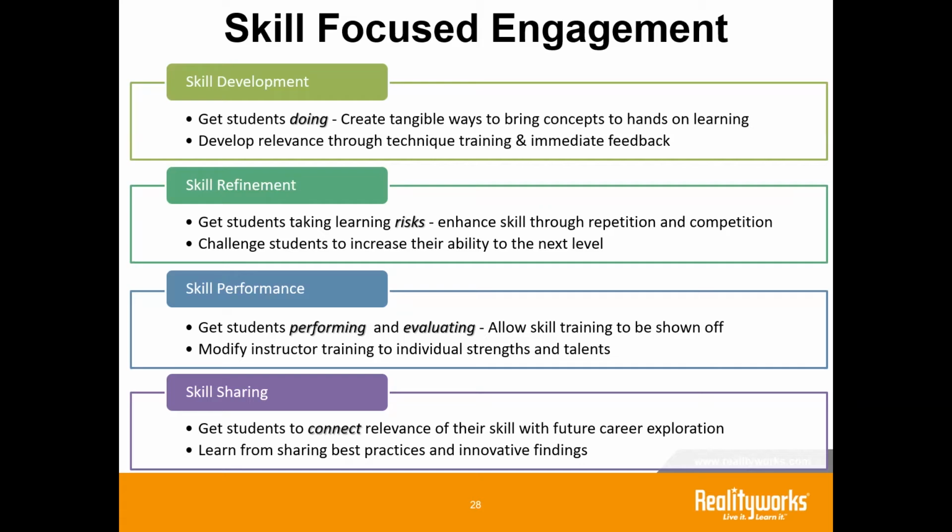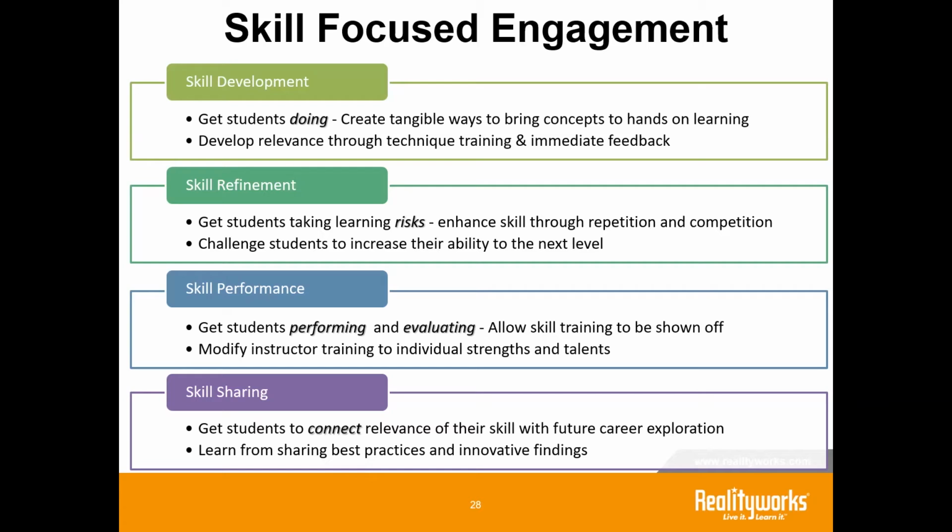Once they've been able to be challenged, a lot of times what that comes with is confidence. Now we need to see, can you do it? So you get students performing and evaluating. It allows the skill training to really come into effect. Now, with skill training, one of the things you can do is work with your students to understand how and why they're doing it. In some cases, it might be to get the job. In some cases, it might be to help the animal in one way or another.